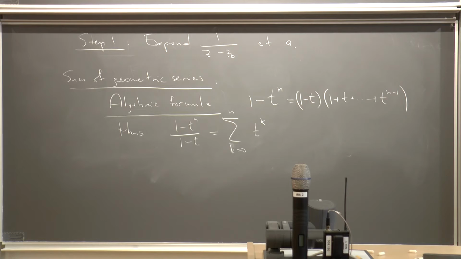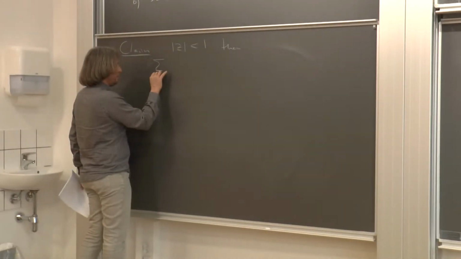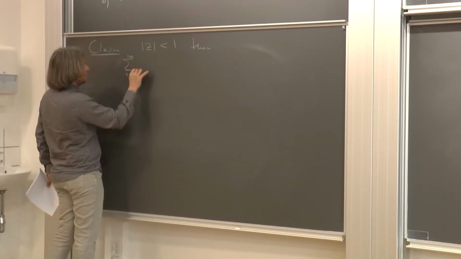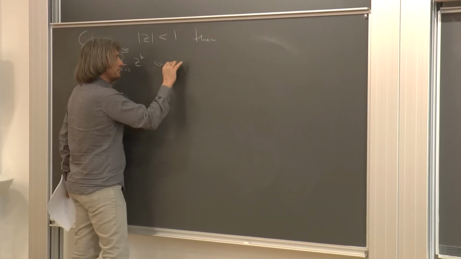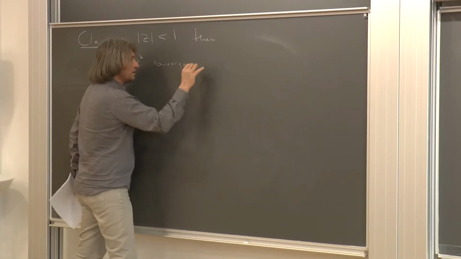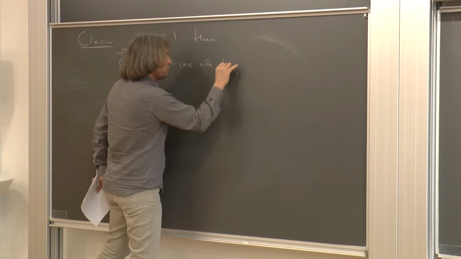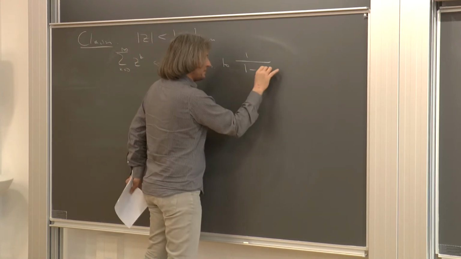if the absolute value of z is less than 1, then the sum over k equals 0 to infinity of z to the k converges absolutely to 1 over 1 minus z.